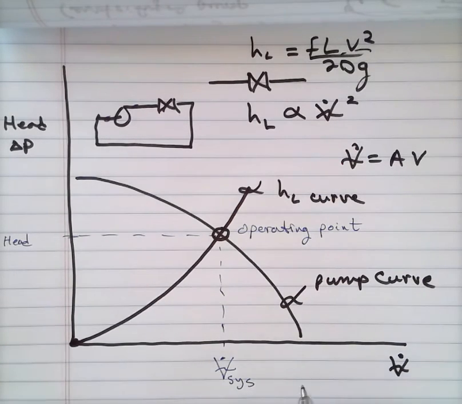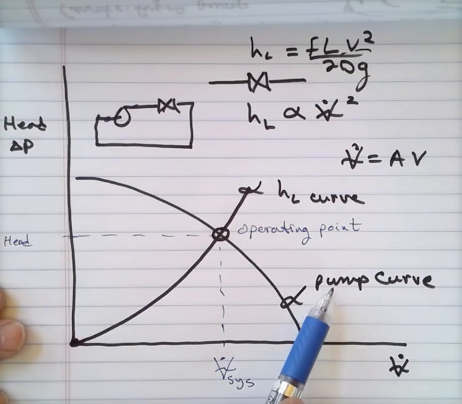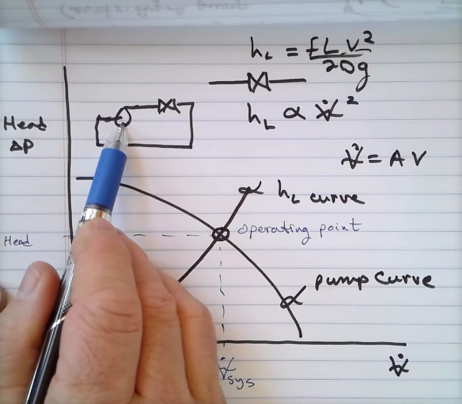So if you're taking a competency right now called Pumps and Piping Systems, we start with these two basic curves, the pump curve and the head loss curve, and recognize that where they are going to be operating is at this intersection. Where we will go in future videos is to explore what happens when you have more than one pump in a system.